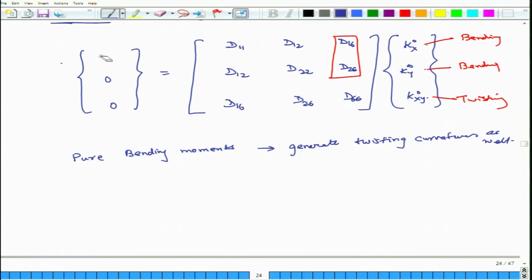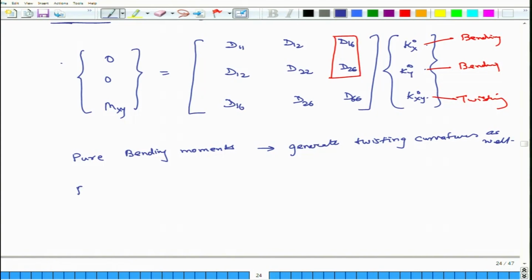Similarly, if I apply a pure twisting moment, so what is a twisting moment? Mxy is a twisting moment because I am trying to twist it.